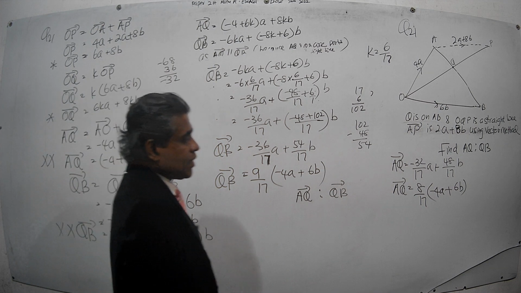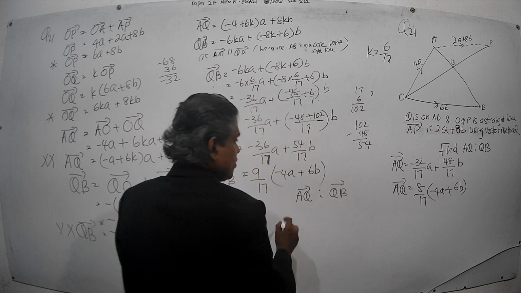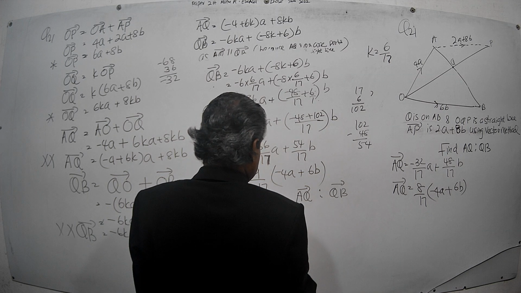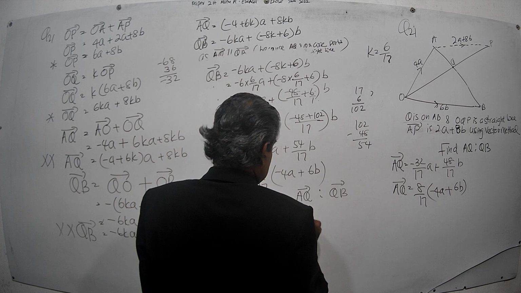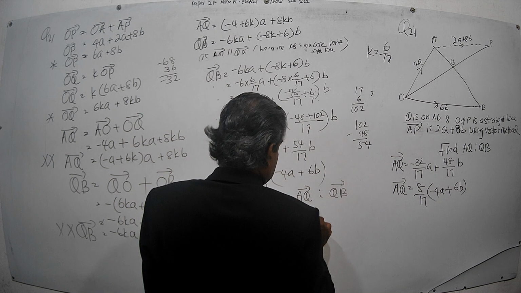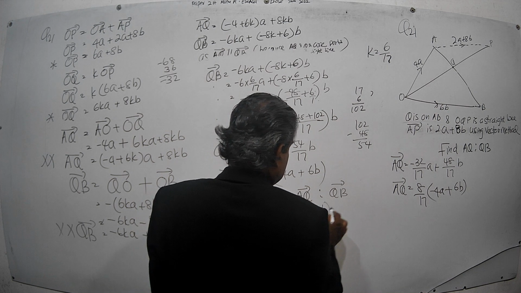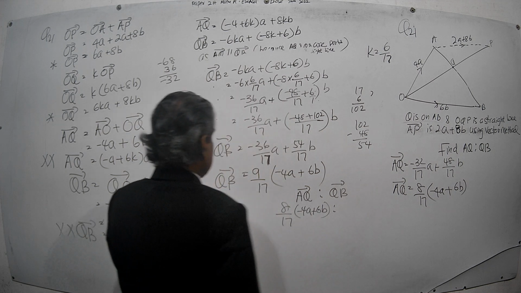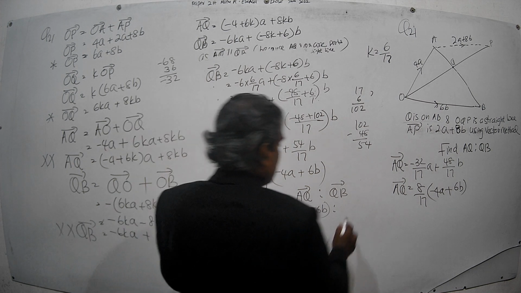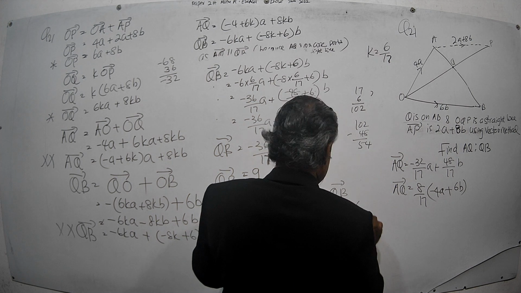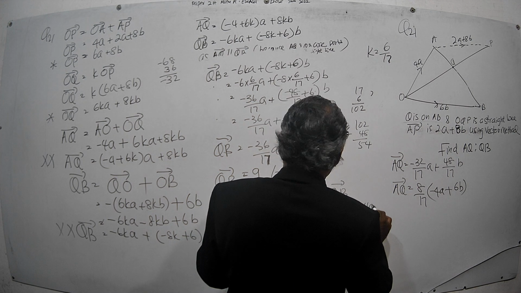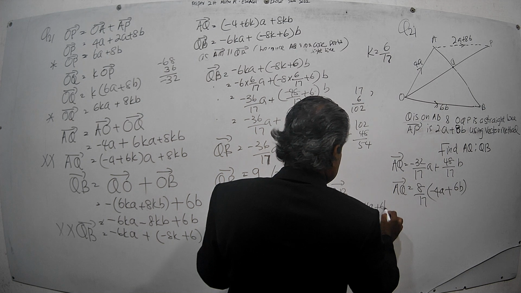Where is vector AQ? This one here. You can put here 8 over 17 into minus 4a plus 6b. Then vector QB is how much? This one, 9 over 17 into minus 4a plus 6b.